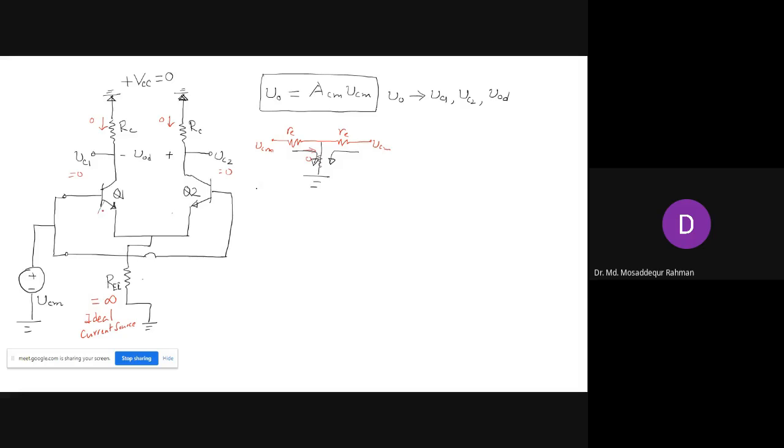So now this current will not be zero. This current will flow because it is connected to ground. Here we have current, right? IB, the base current flowing at both the input terminals. And here we have emitter current, right? IE.